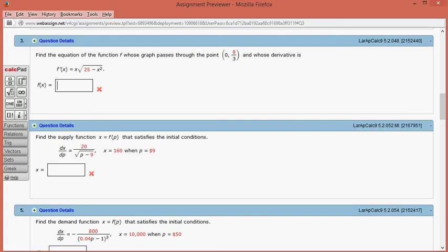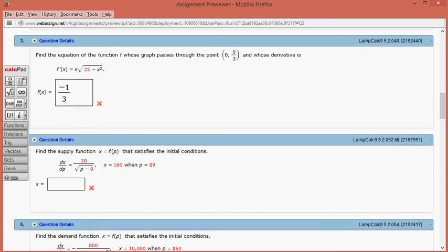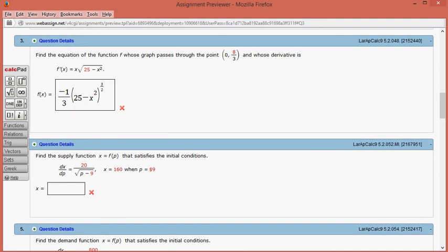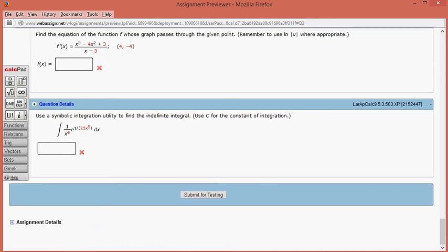Right, so what we found was negative 1/3, right, quantity 25 minus x squared, raised to the 3/2 power plus 133 over 3. Alright, so let's check the answer.